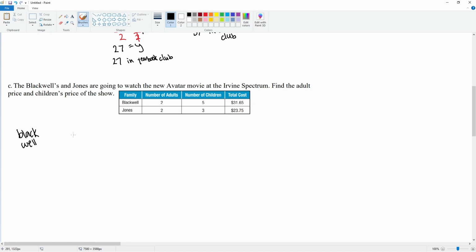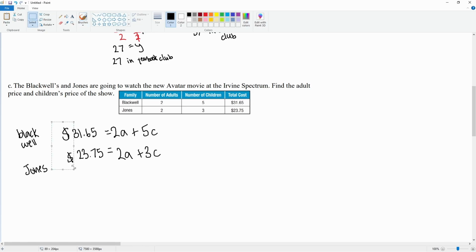The total for them was $31.65, which is equal to 2 adults plus 5 children. For the Jones equation, it is $23.75 is equal to 2 adults plus 3 children. So this is the system that we have here, and we can solve it.